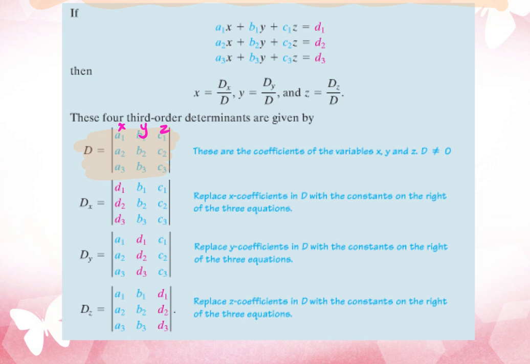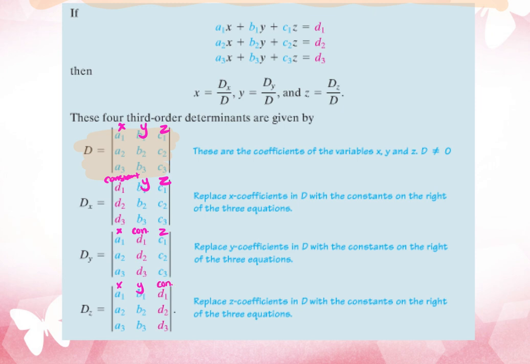D of x, we take out the x's and replace it with the constants. You leave the y's, you leave the z's. D of y, you leave the x, you replace the y's with the constants, you leave the z's. And D of z, you leave the x, you leave the y, and you replace the z with the constant.